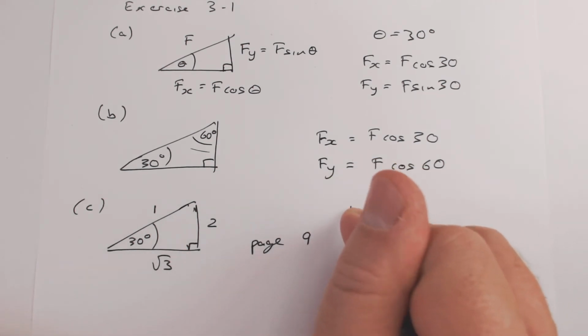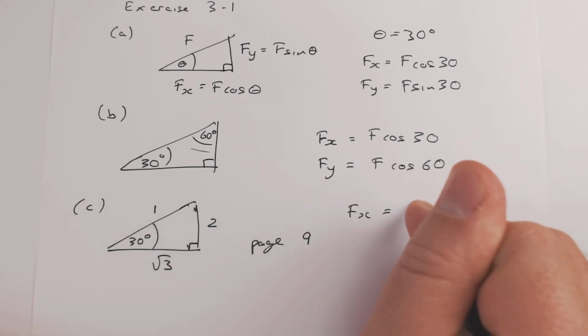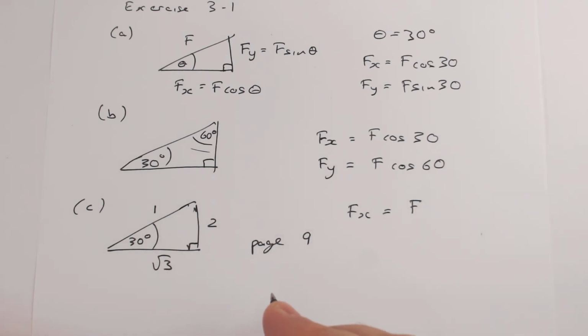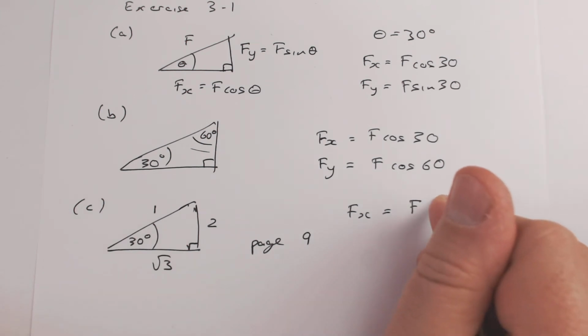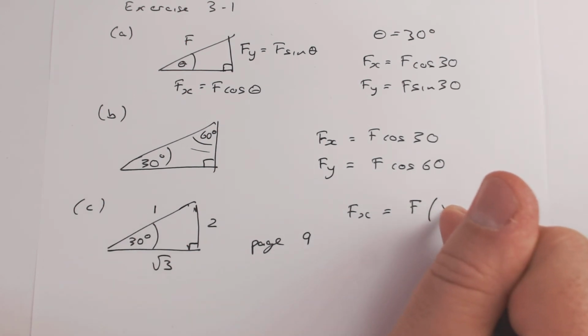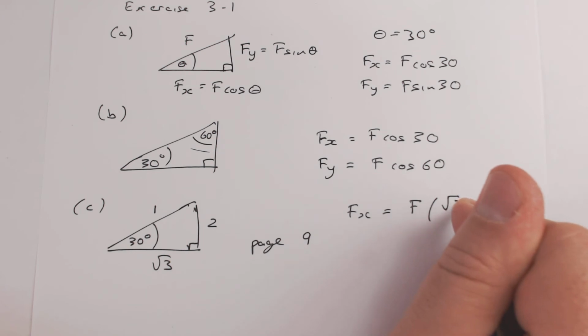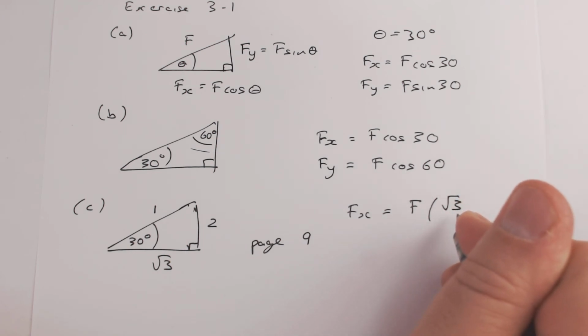So Fx equals F. I will use my definition of cos here. So cos is the adjacent divided by the hypotenuse. So my adjacent is root 3.